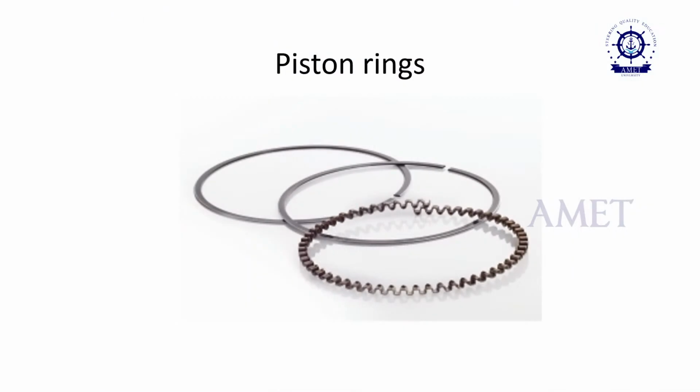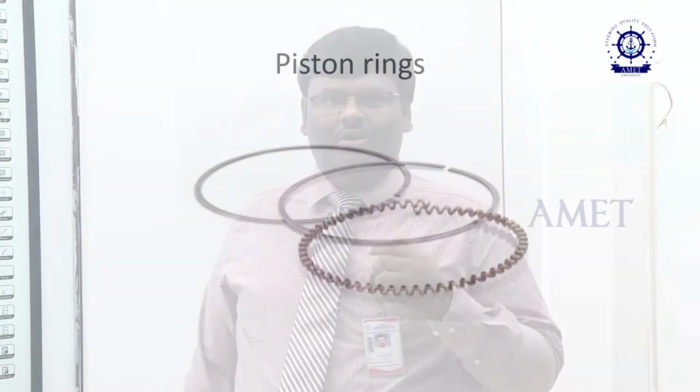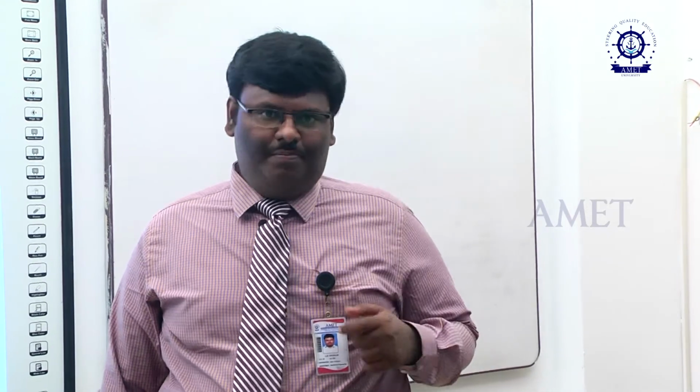So, you can see here, whether it is the compression ring or the oil ring, actually they are not complete rings. You could see a minute space between them, which means that the ring is not a complete ring, because when the engine is working, the temperature inside the engine will be very high, due to which thermal expansion may take place.